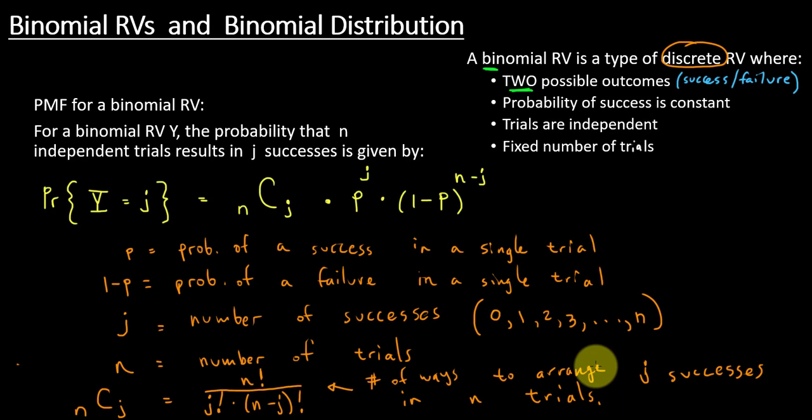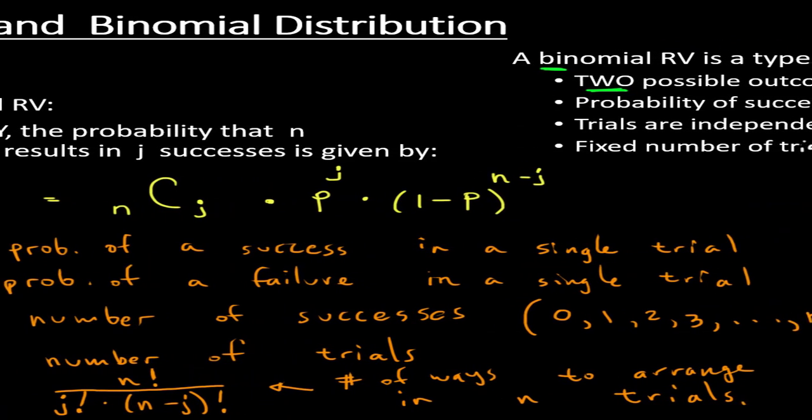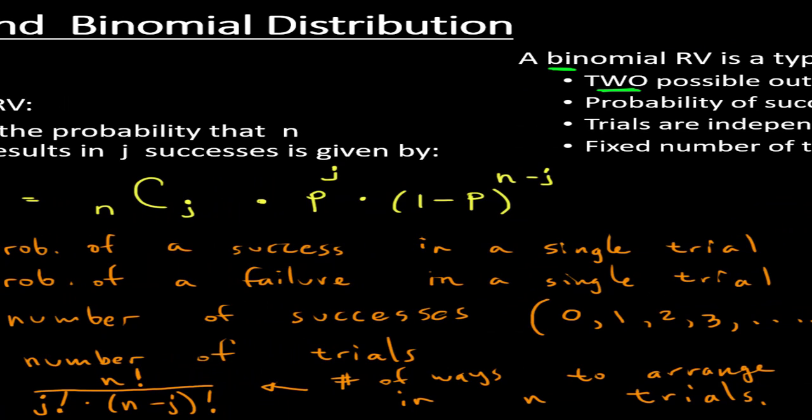If we just quickly review, remember when we had the coin flips and we had 3 flips, and we thought, well, how many ways could you get 1 tail? And we said, oh, you could get a tail on the first flip, or a tail on the second flip, or a tail on the third flip.